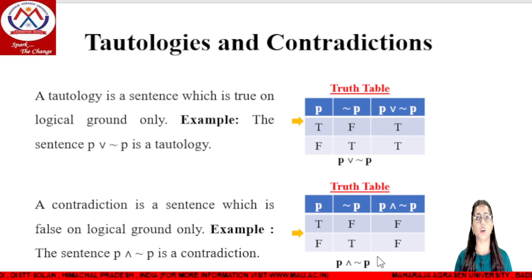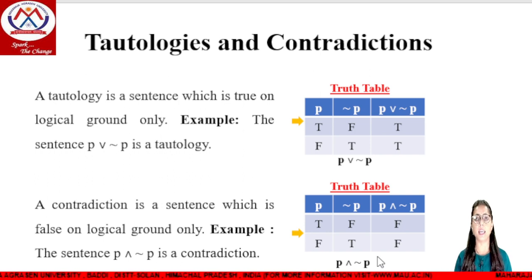Now we have tautologies and contradictions. A tautology is a sentence which is true on logical grounds only. Let us try to understand with the help of an example. In the truth table, for a statement P we have true and the second statement will be false. So how can we take its negation? The negation of true is false and the negation of false is true.